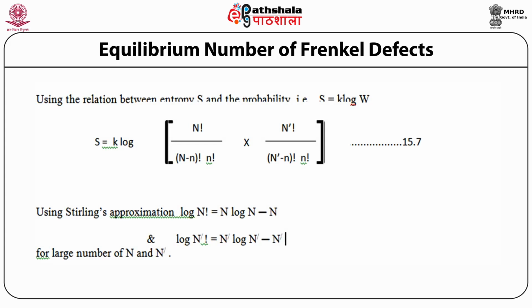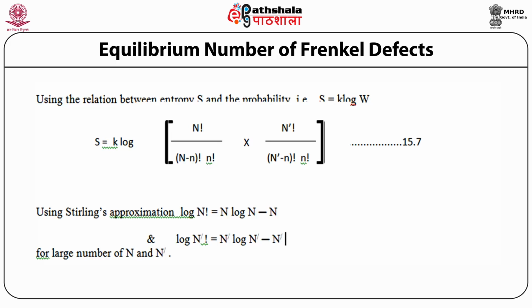Using the relation between entropy S and the probability, S is equal to k log W, S will be given as k log within brackets capital N factorial over N minus n factorial, small n factorial, cross N prime factorial over N prime minus n factorial, which is expressed as equation 15.7.